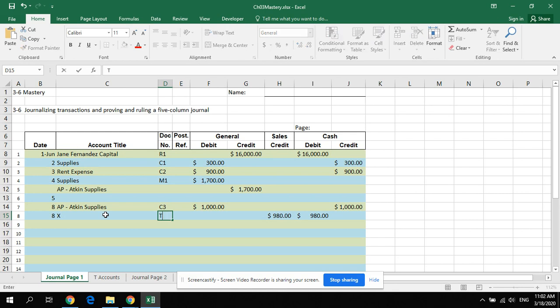And then the document number is T8. That T stands for cash register tape. What would happen is, the cash would come from people coming in and buying supplies and whatnot, products from your store.